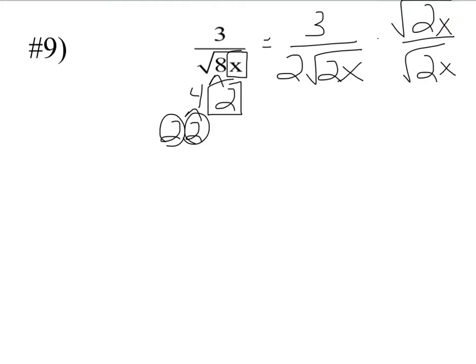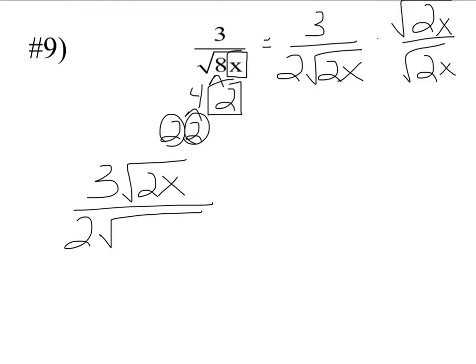So now when I multiply these together, I say 3 times the square root of 2x, which is 3 square roots of 2x, over 2, that's this 2 right here, times the square root of 2 times 2 is 4, and x times x is x squared.